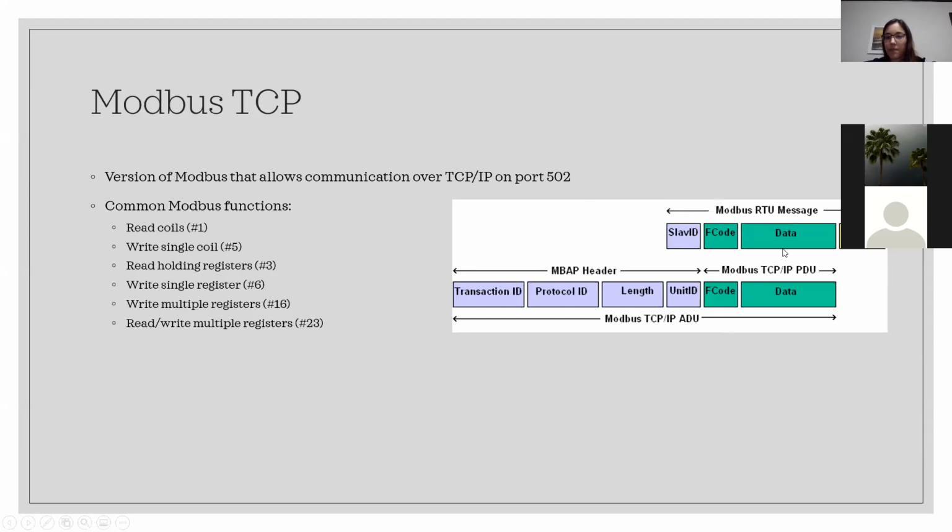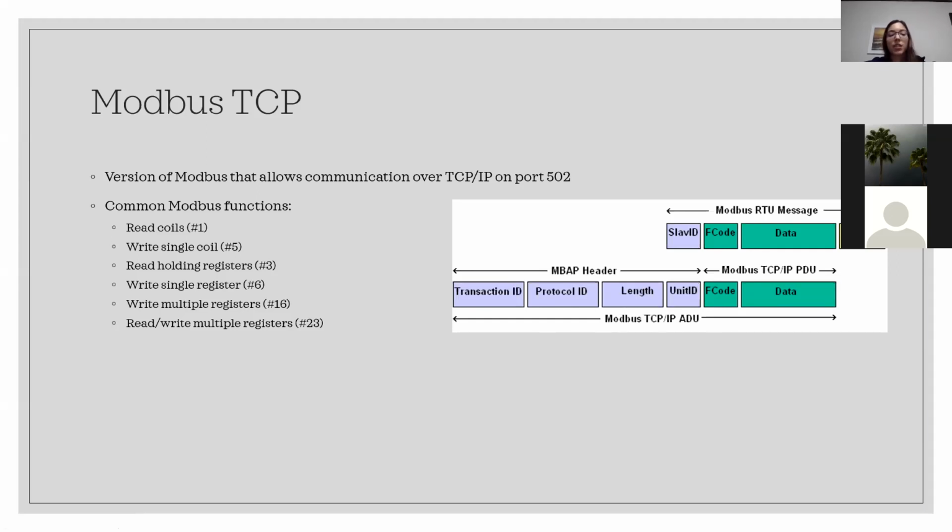So it'll have the slave ID, the function code, and any data that needs to be sent. Modbus TCP is a little bit more complex. It has the data and the function code as well, but it also has information like the transaction ID, the protocol ID, the length of the header, and the unit ID.